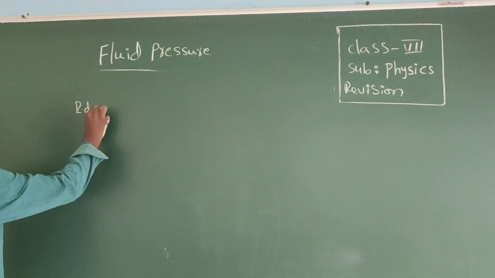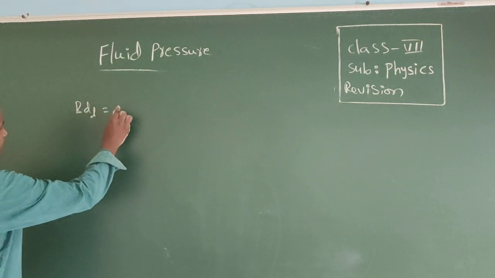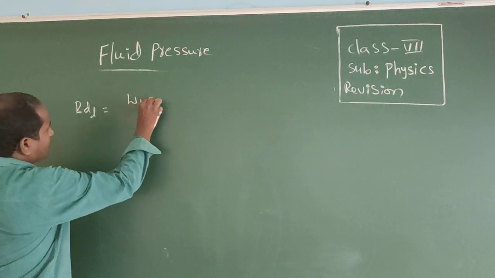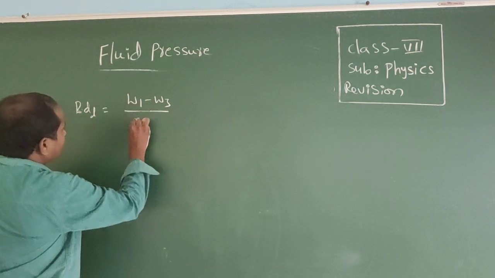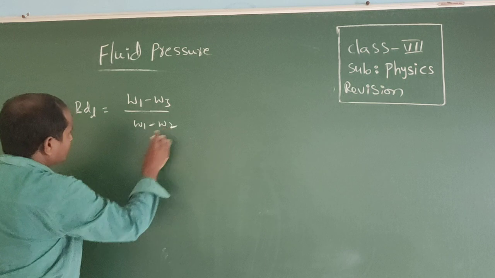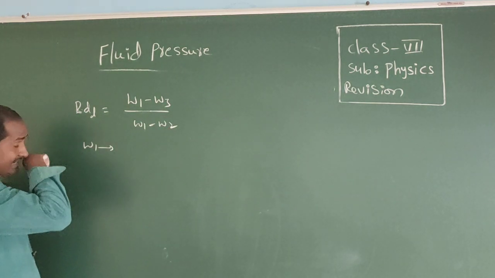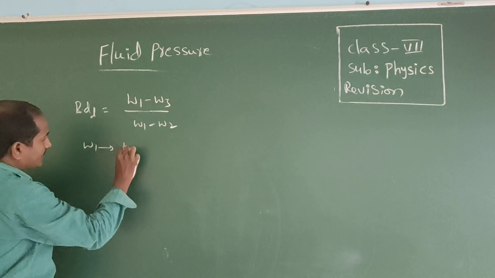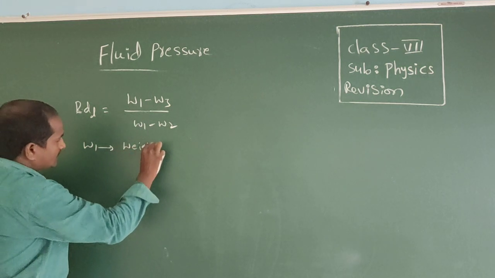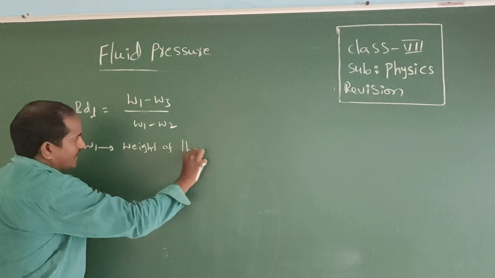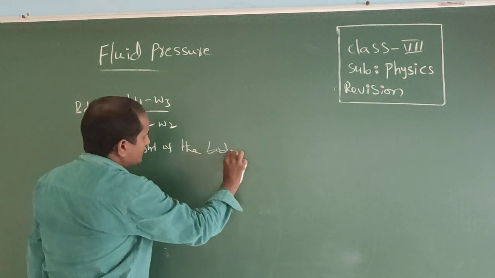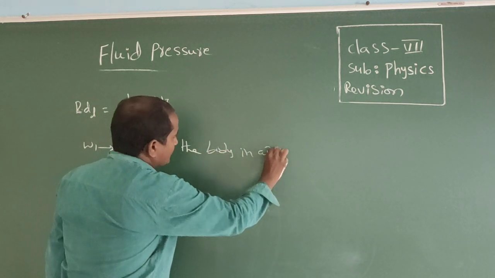Relative density of the liquid is equal to W1 minus W3 by W1 minus W2. Here W1 means true weight, or weight of the body in air.